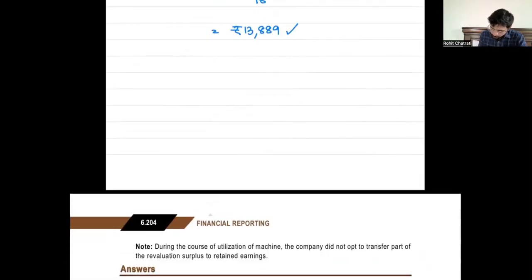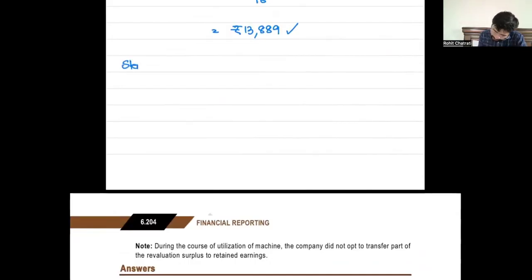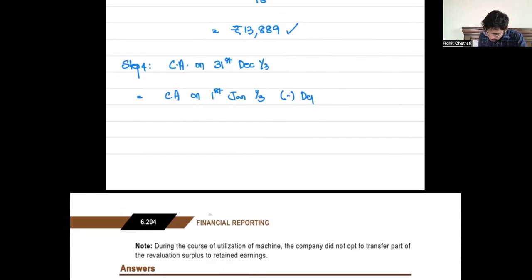So step 4 will be carrying amount on 31st December year 3, that will be equal to carrying amount on 1st January year 3, which is the date of revaluation, less depreciation for year 3.